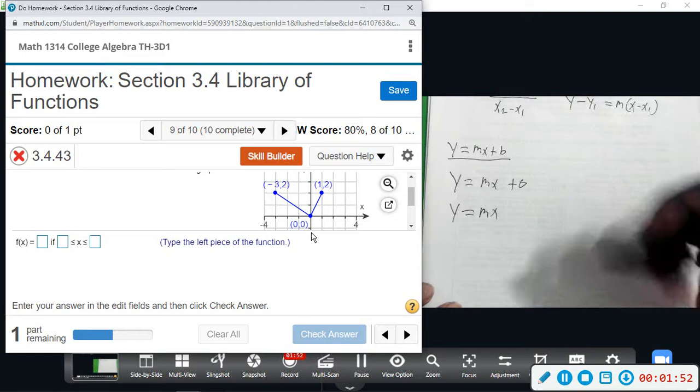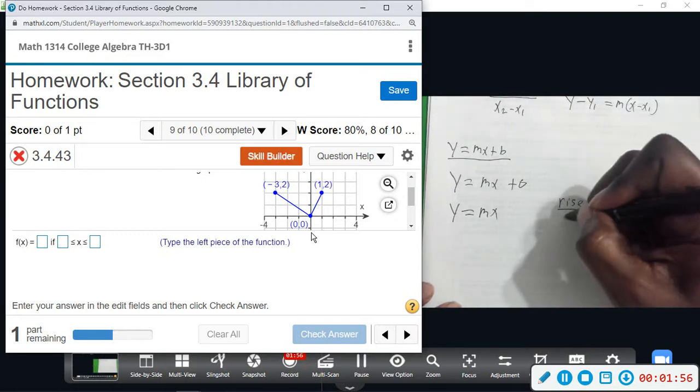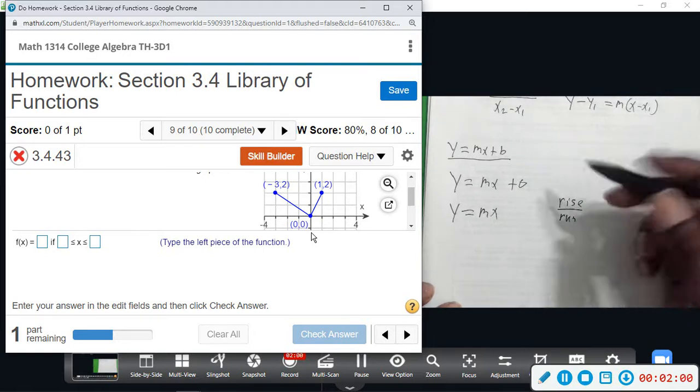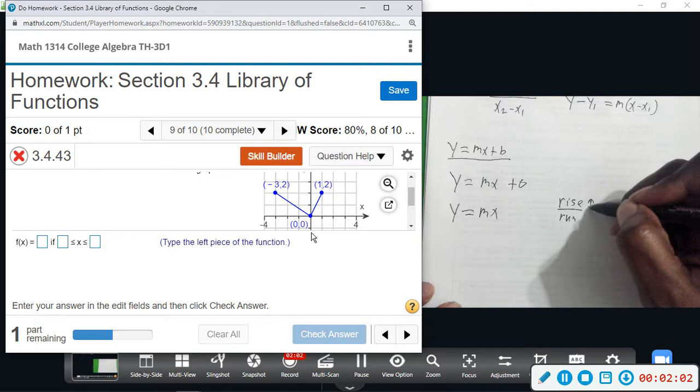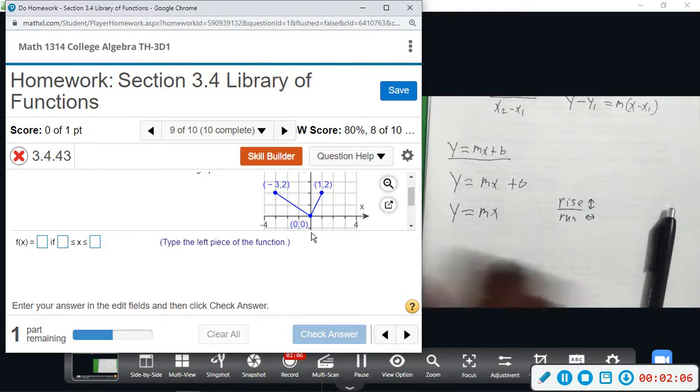And we can find our slope by counting rise over run. How far do we rise or fall, go up or down? And then how far do we go left or right? Okay, so we're going to start with this point, -3, +2, and we're going to go to the right. We're going left to right to this point. So to get from here to here, we have to go down 2.